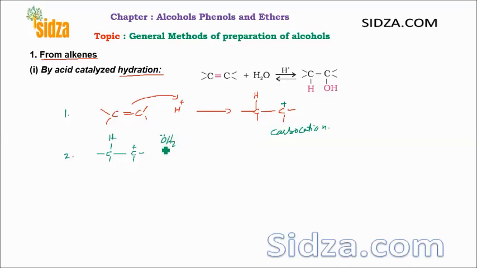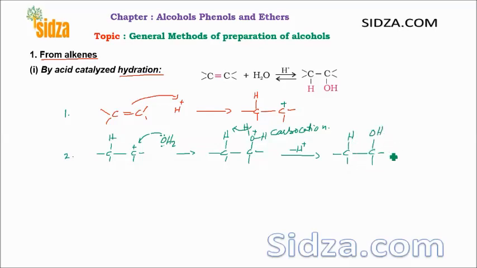It will attack the carbocation, and therefore you get an intermediate: carbon with H, and oxygen with two hydrogen atoms, with a positive charge now on the oxygen. From this intermediate a hydrogen will be lost as H plus, so what you get is a carbon with the H and another carbon with the OH.